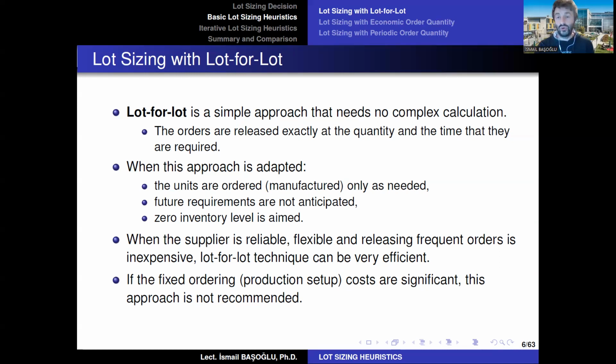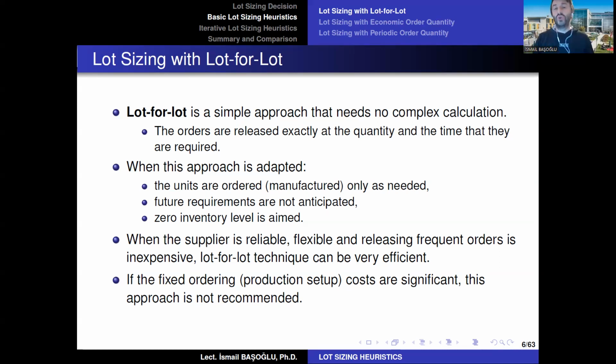If you are just going to initiate a production or release an order regarding the demand of a certain period, why shouldn't you consider the future demands in the future periods? Because when you combine all of these demands, you can release a single order combining all of them, which will make you pay only a single fixed ordering cost for a single order release.